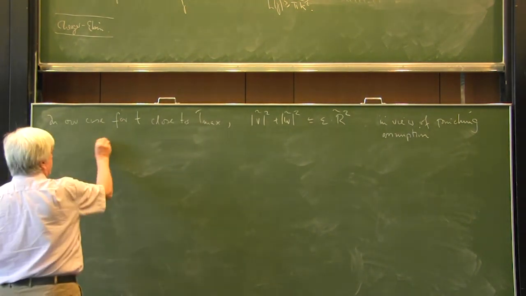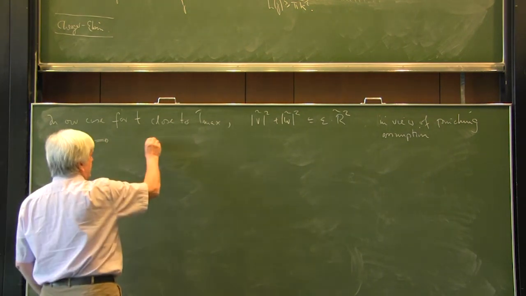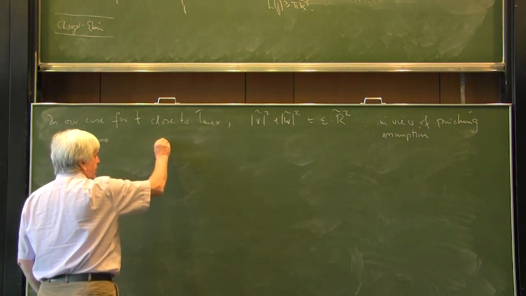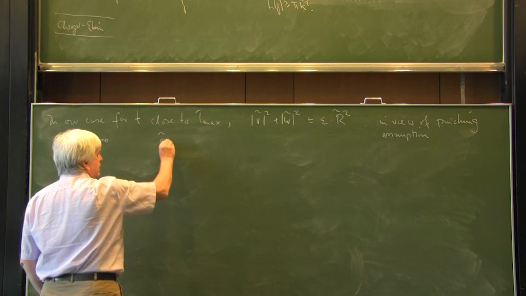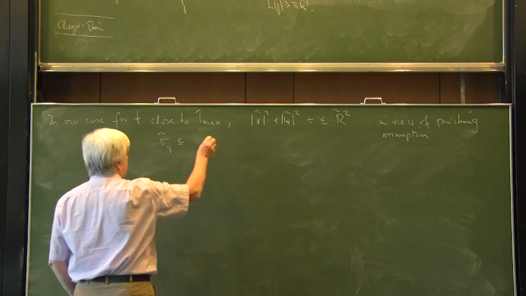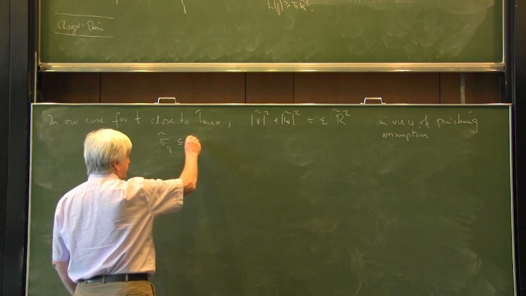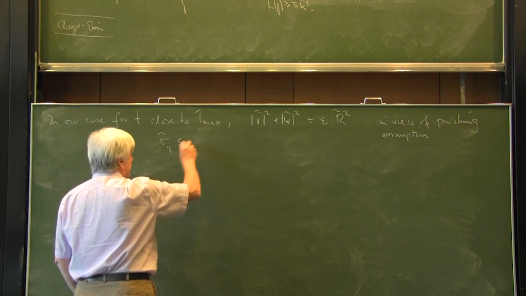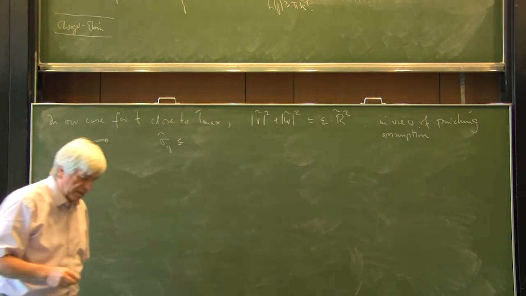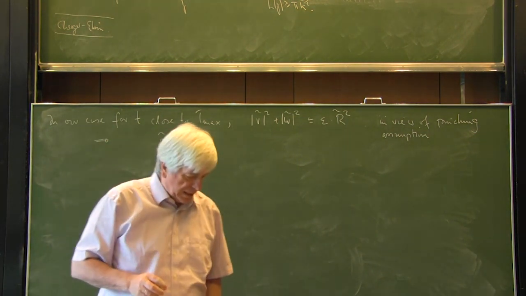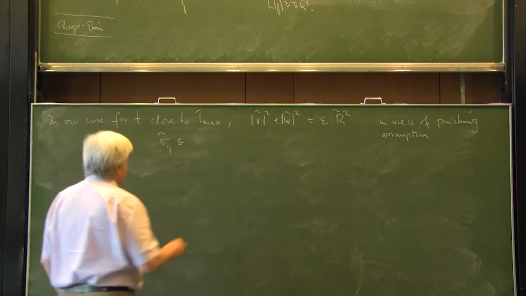But this means in particular that our sectional curvatures are between, how big are they? They compare to the scalar curvature.